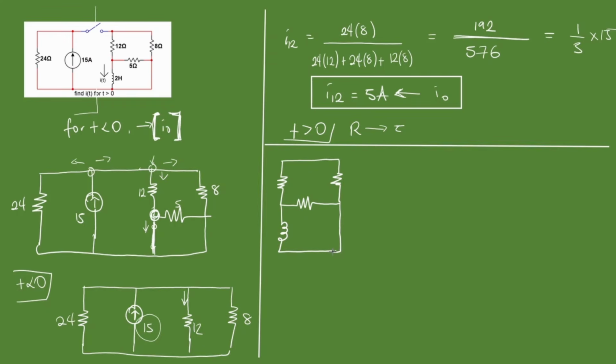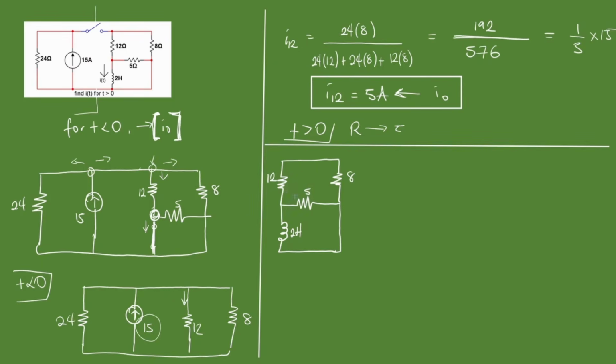It's important to note that now that we're solving for t greater than 0, your inductor is back in action. Your capacitor becomes back in action. Since you're solving for t greater than 0, that means your source has been disconnected, so this 5 ohm resistor is not shorted out. So it's just 2 henries. It's just an important point to note.